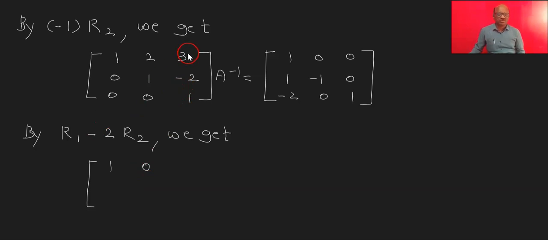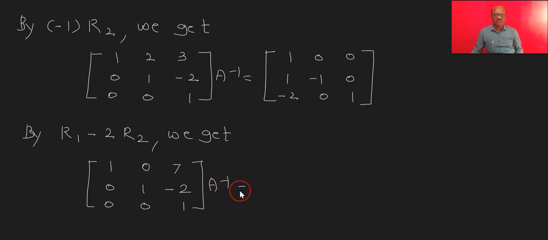That is R1 means what? 3 plus 4, that is here is a 7. Next rows are as it is, that is 0, 1, minus 2, 0, 0, 1.